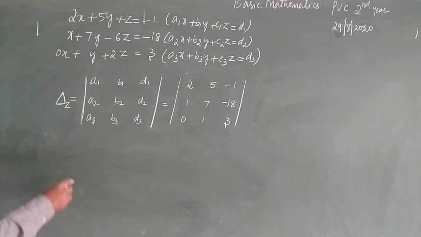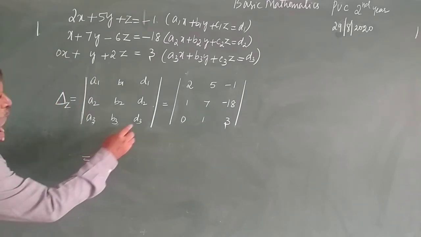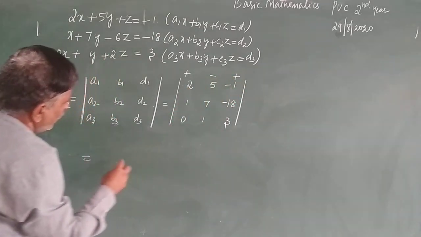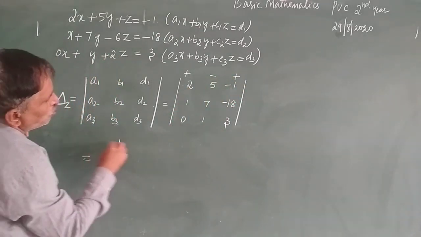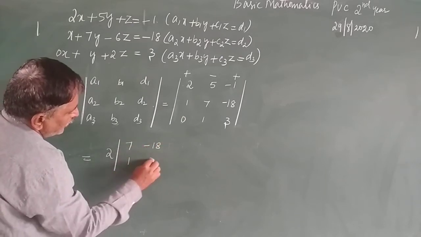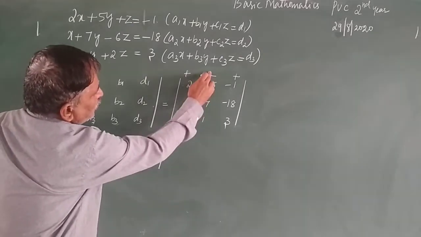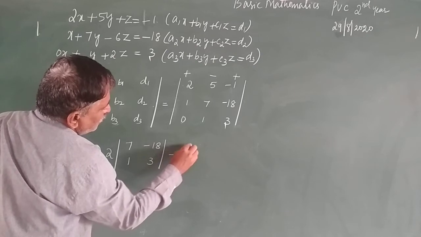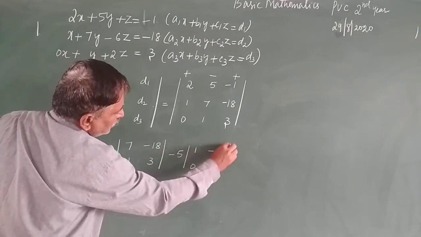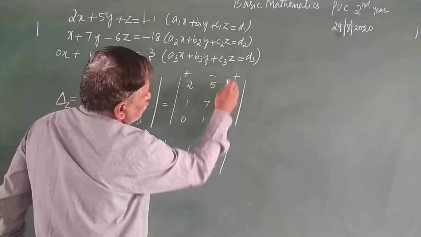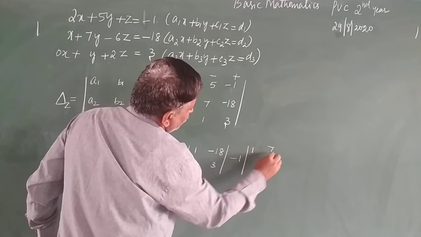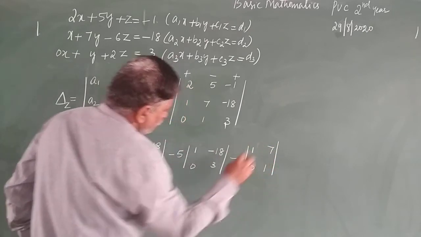So delta z is equal to, I am taking plus minus plus. So I will get 2. When I take 2, I will get 7 minus 18, 1 and 3. So plus into minus, minus 5. 1 minus 18, 0, 3. So if I take minus into plus, minus 1. So I will get 1, 7, 0, 1.